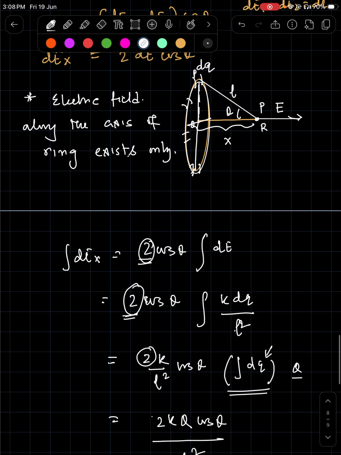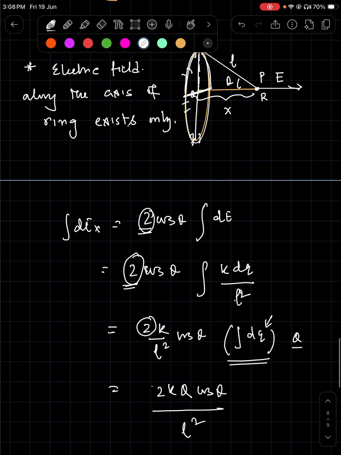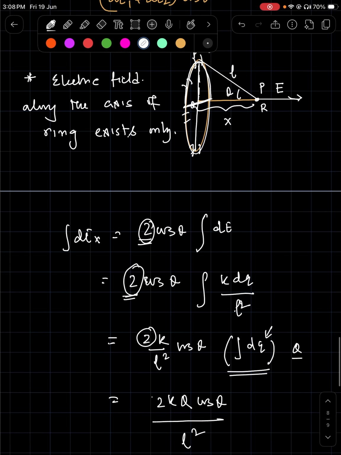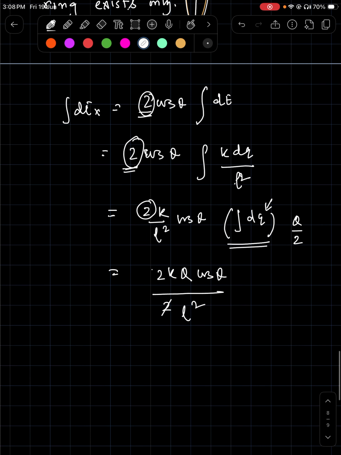If I integrate dq only for the upper semicircle, automatically the contribution from the lower semicircle is taken, because they are paired up at each moment of the integration. That is why it is sufficient to integrate over half of the circle, because the factor 2 is already taken outside. So that is q by 2, and the 2s cancel out.